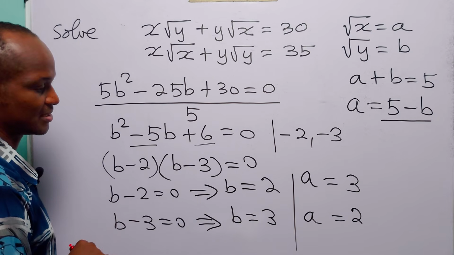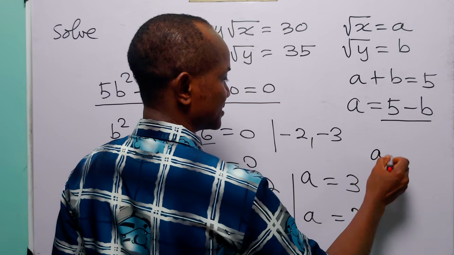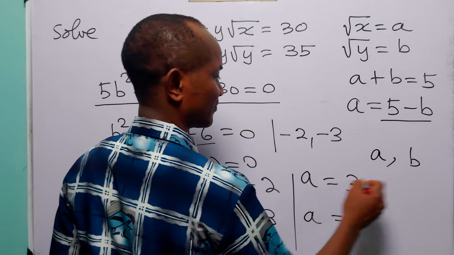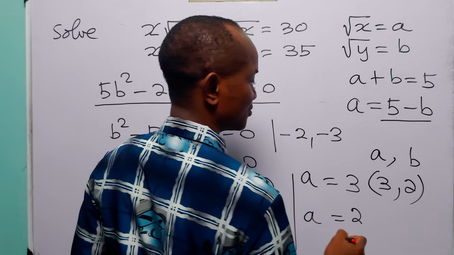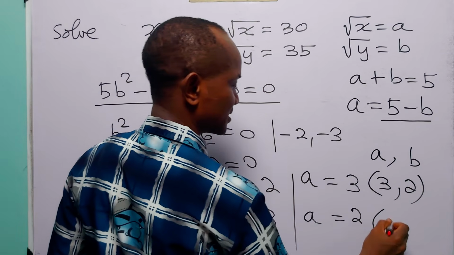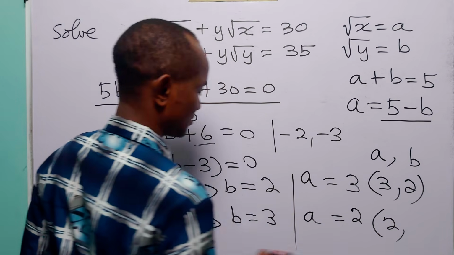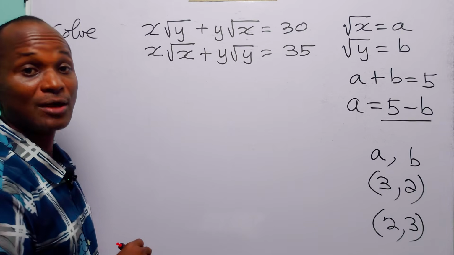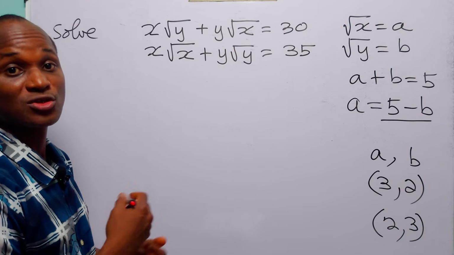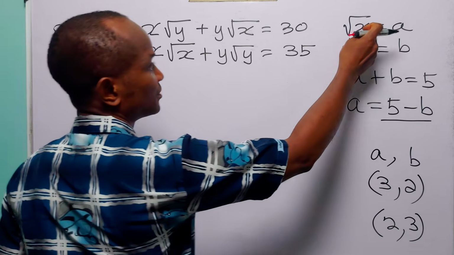So we have 2 points. The first point is 3 and 2, while the second point is 2, 3.